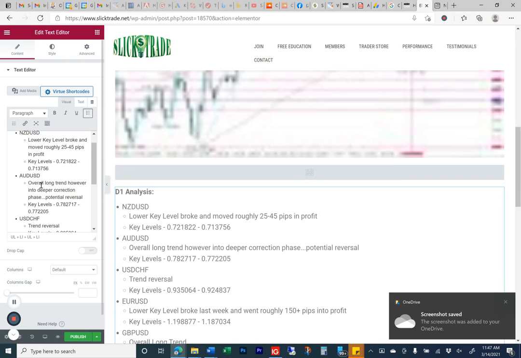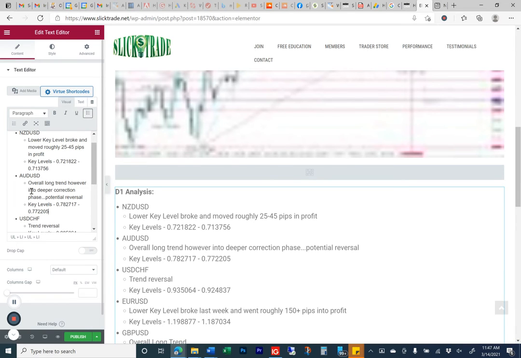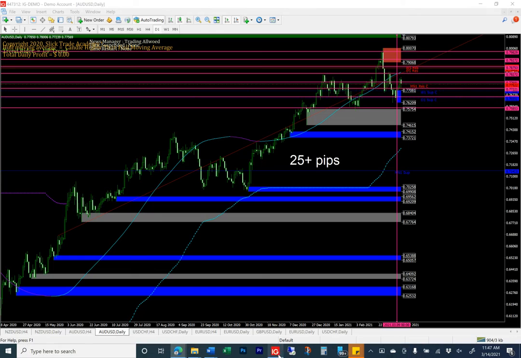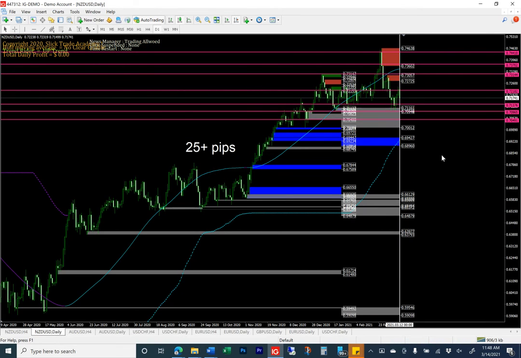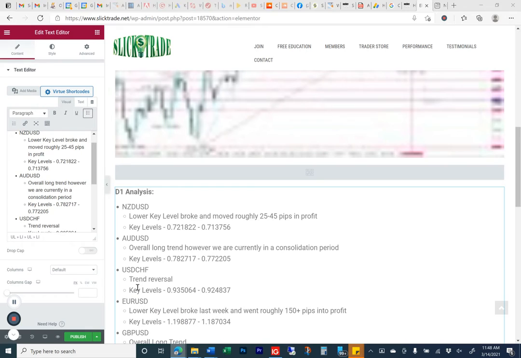So, overall long trend, however, we are currently in a consolidation period. And then NU, daily, we're in a consolidation period.